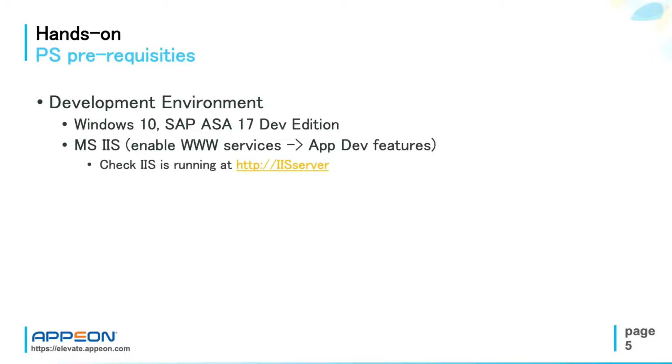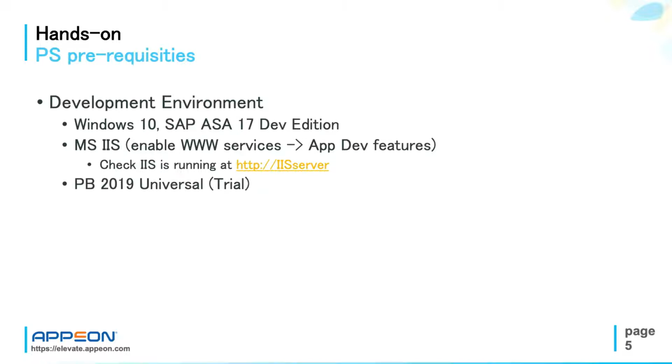Once you have installed IIS, you can check whether it is running. Just open the browser and go to http:// and localhost or the name of your IIS machine.